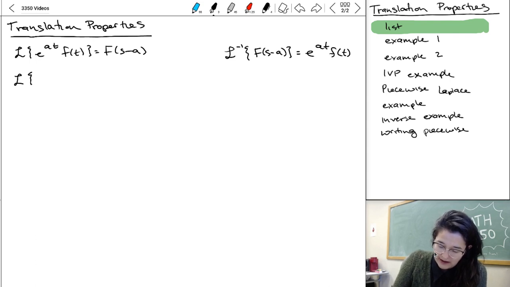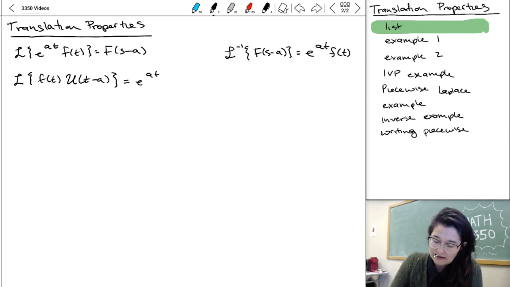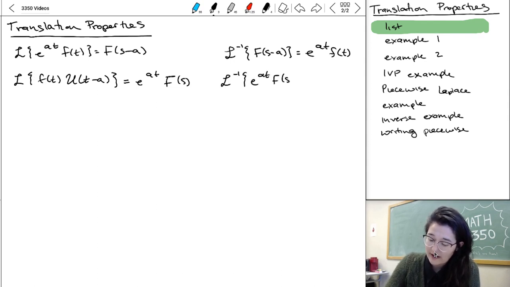L of f of t times u of t minus a, where u is a special function that we'll define in a second, is going to be given by e to the minus as times capital F of s. And so the exact opposite, L inverse of e to the minus as times capital F of s is going to be, sorry, that should be an s.